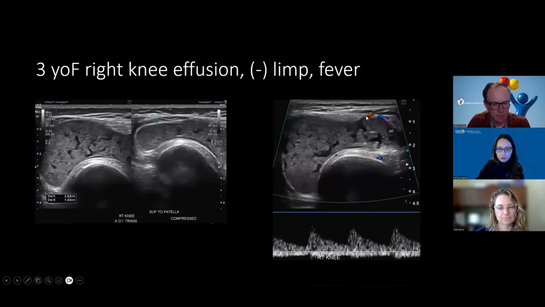And then, of course, with anything that appears sort of solid, you want to put color on it. There is no color or blood flow within the mass, or whatever the soft tissue stuff is. But around it in the periphery, you're able to get some vascular flow.